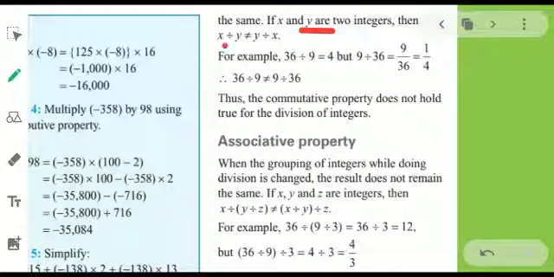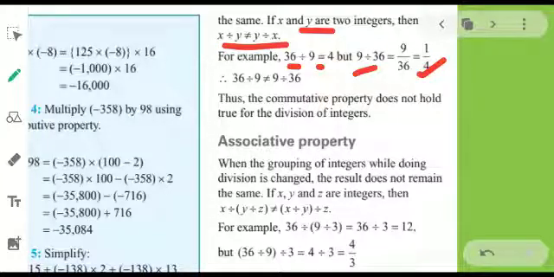So if we change the order in division, the answer will change. For example, if we take 36 and 9 and divide, we get 4. But if we reverse the order, 9 divided by 36, we get 1 upon 4. And we know that 4 and 1 upon 4 are not the same. So we can say the commutative property does not hold true for division of integers.